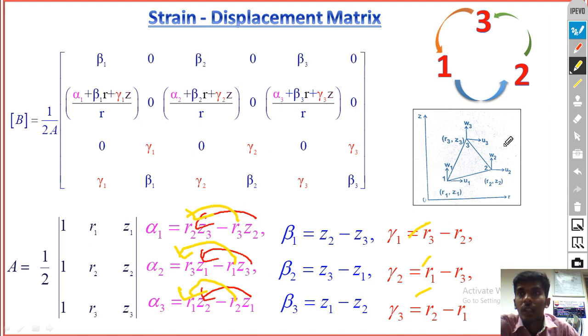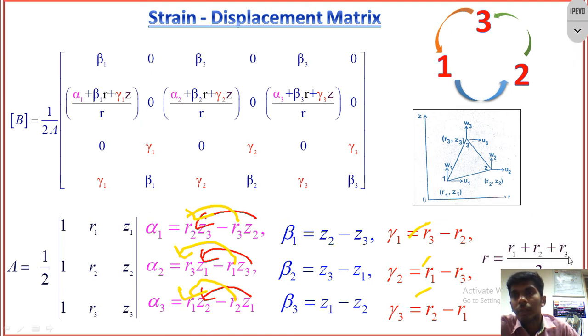Lastly, what are the remaining unknown parameters? R and Z, the average values. R is equal to R1 plus R2 plus R3 divided by 3. It is the average of the radial direction coordinate. Z also is Z1 plus Z2 plus Z3 divided by 3. It is also the average of the axial direction, that means the longitudinal axis coordinate average values.